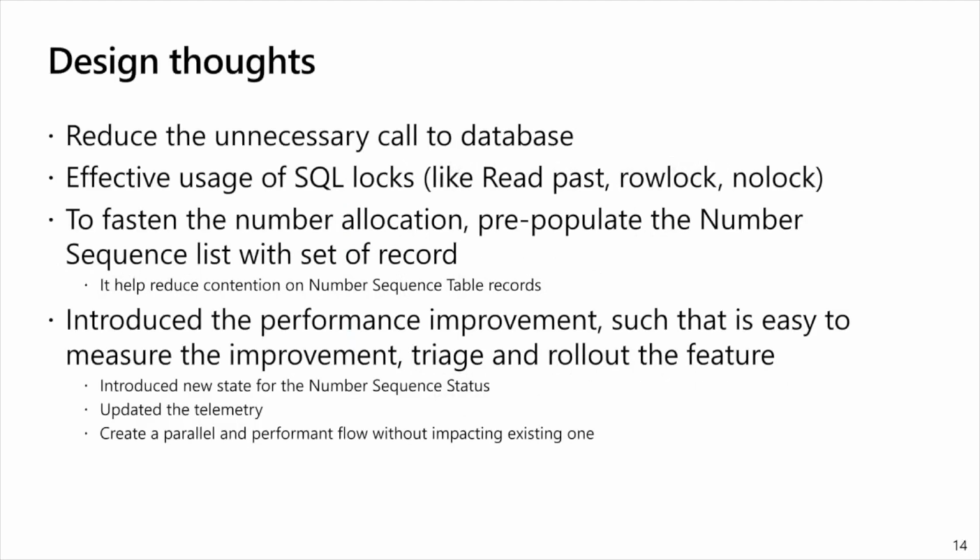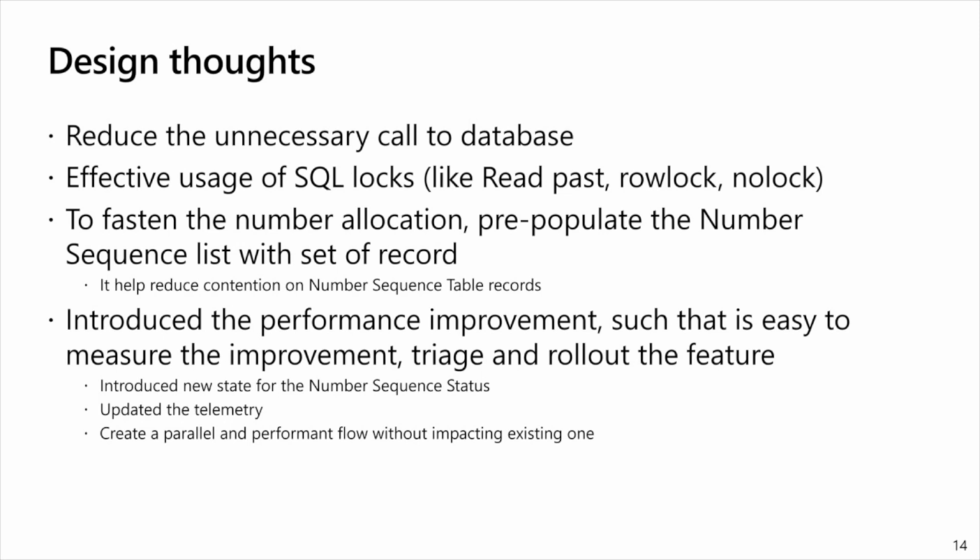When we did the optimization, we had certain design thoughts in our mind. One was to reduce the unnecessary calls to the database. What we had noticed is that when we were making a call to get a number for a continuous number sequence, we saw room for opportunity to reduce the number of calls happening to the database, thereby reducing the resource utilization and the number of concurrent calls to the DB.